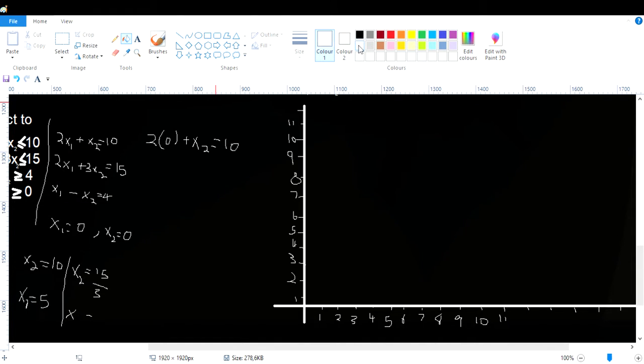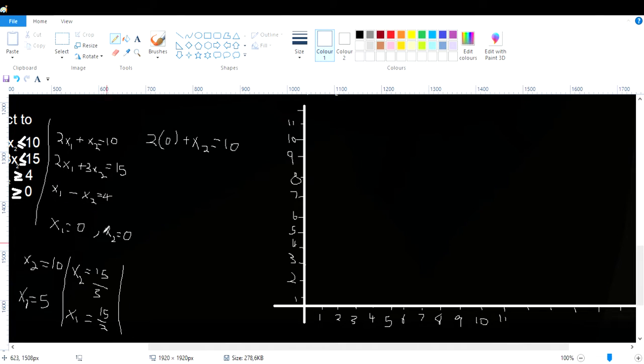When x sub 2 is equals to 0, x sub 1 is equals to 15 over 2.